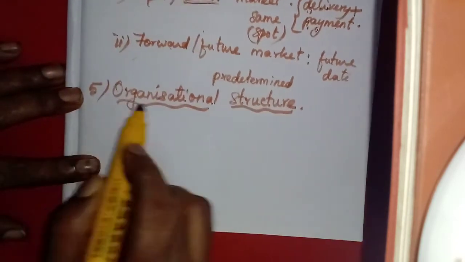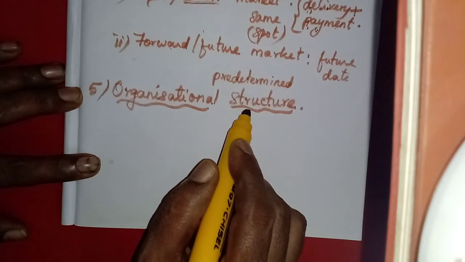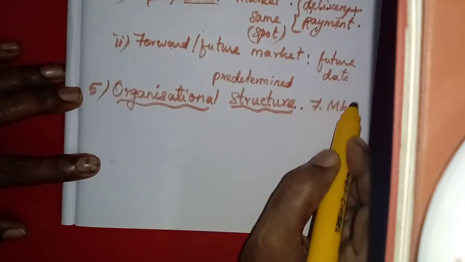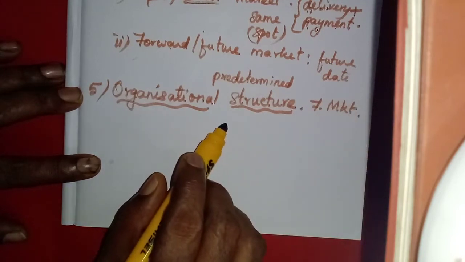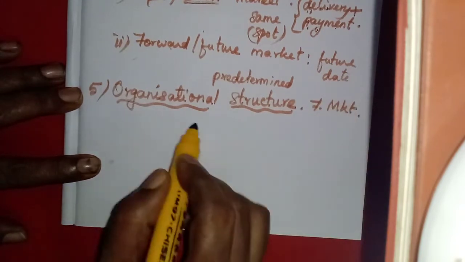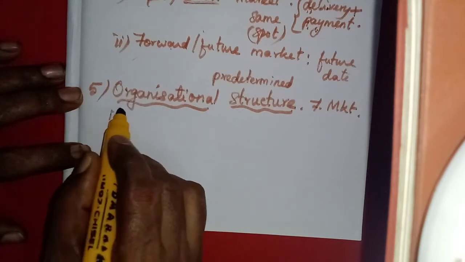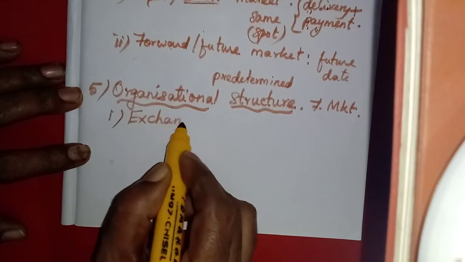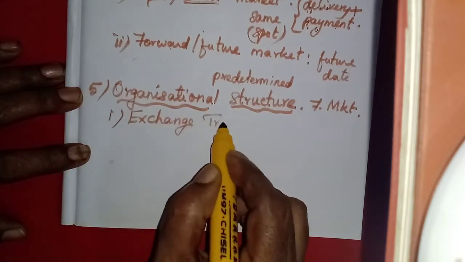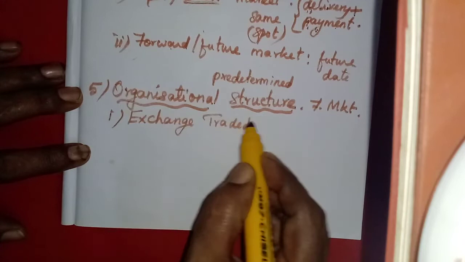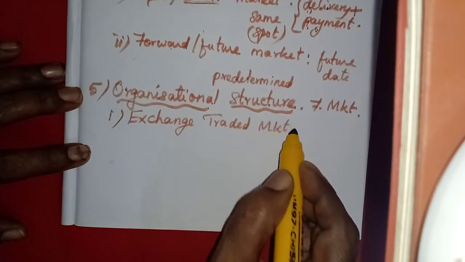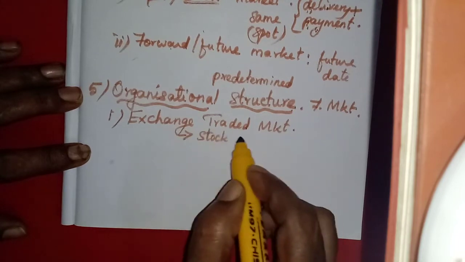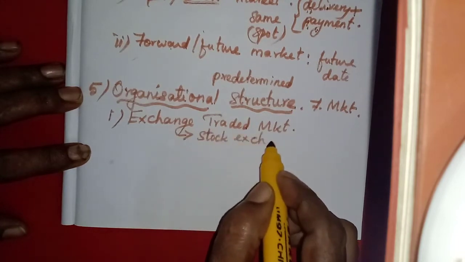On the basis of the organizational structure of the financial market, whether it is a centralized one or a decentralized one, that is the difference. The first one is the exchange traded market. Here we can say the best example is the stock exchange or share market.